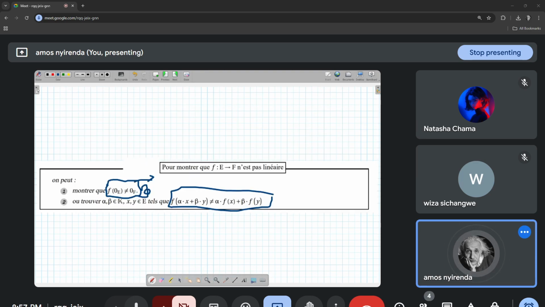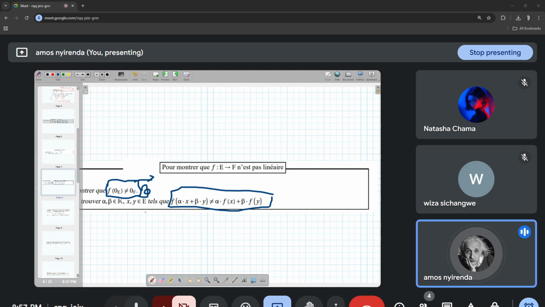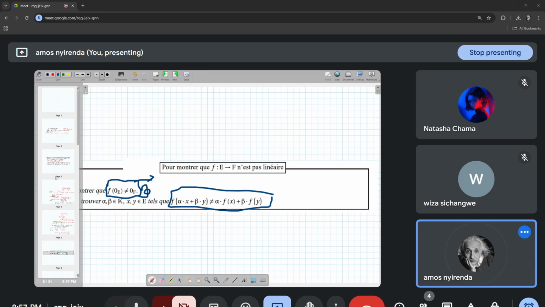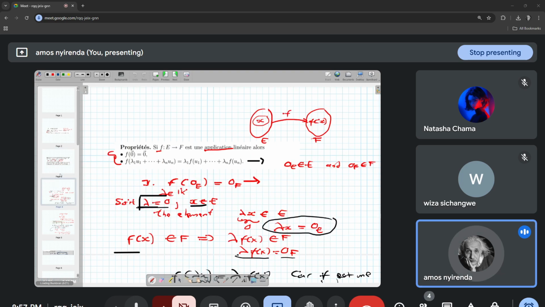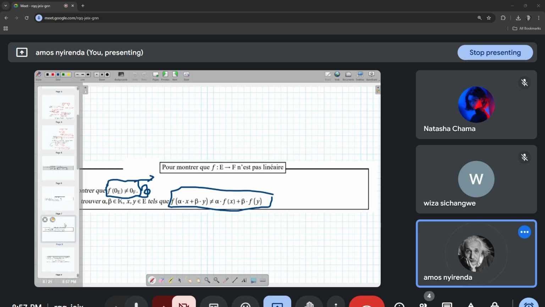We've already used the first one for the second exercise. You can also check for this property for the second exercise. You will have the same answer. So that is what we have here.